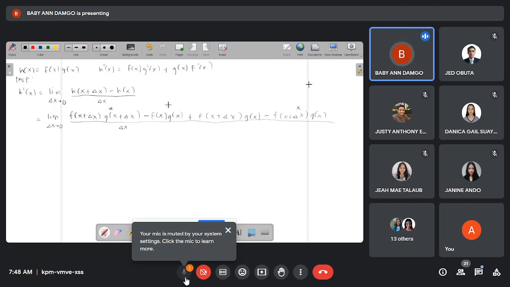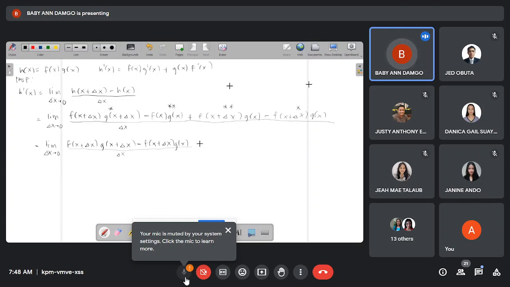Then the next combination is this one. We will mark it with an asterisk so you don't get confused. Okay? So this is the limit of f of x plus the change of x times g of x plus the change of x, minus f of x plus the change of x times g of x, all over the change of x, as the change of x approaches 0.